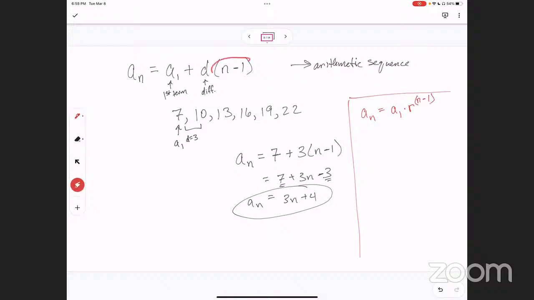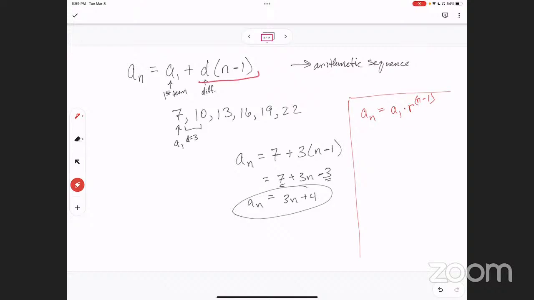Do you see how I have an n minus 1 here multiplied by d? And here I have a power, the base of r, my ratio, raised to the power of n minus 1. That's how you get the next term.